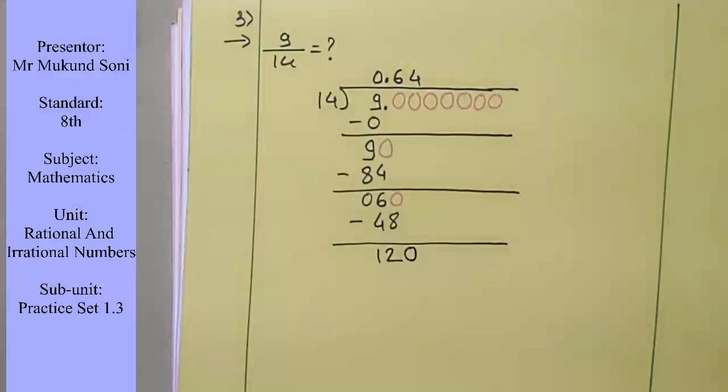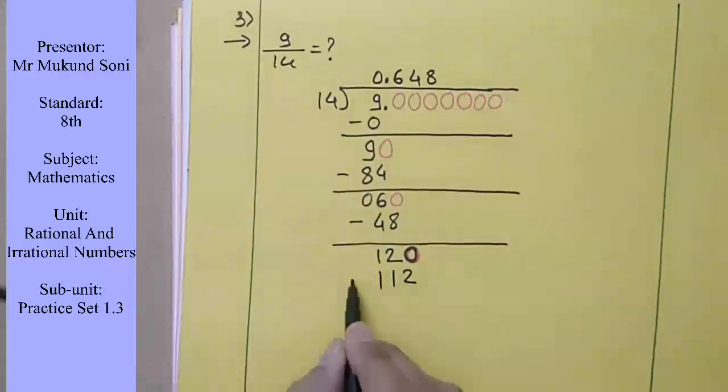Take the next 0 down. On having the next 0 down, think of the table of 14 again. 14 eights are 112, which is smaller but closer to 120, leaving the remainder as 8.